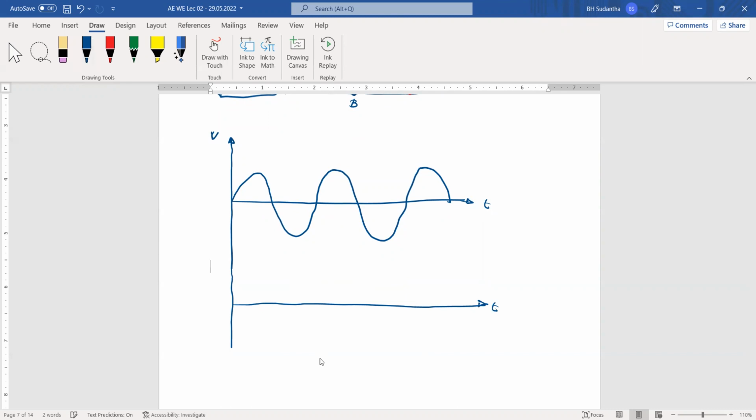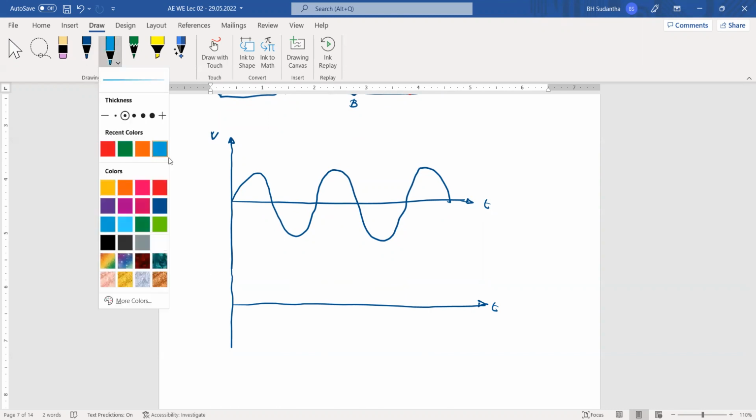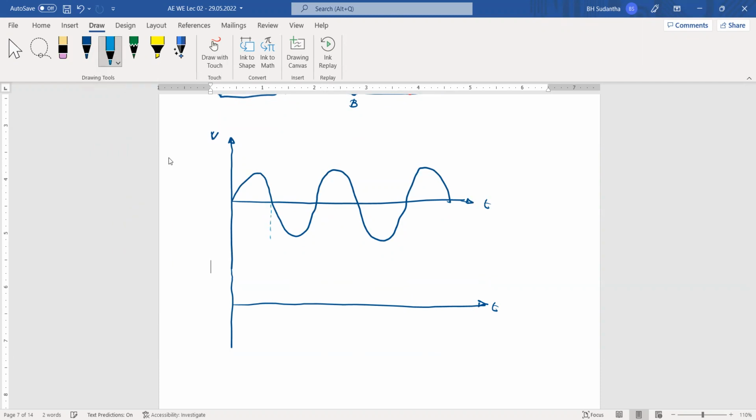But actually, what do we expect from this one?